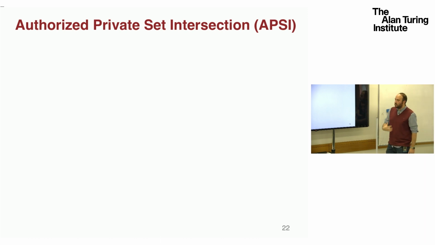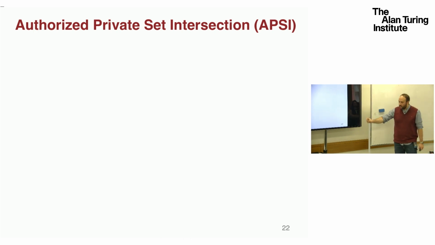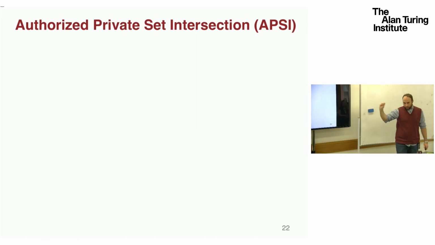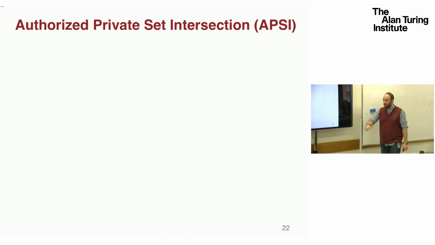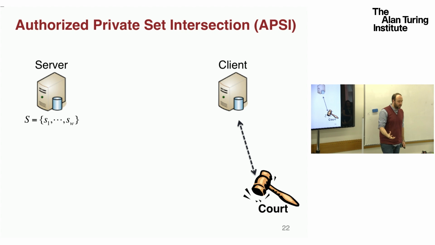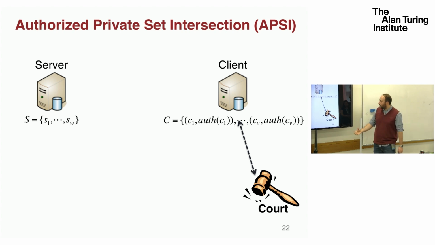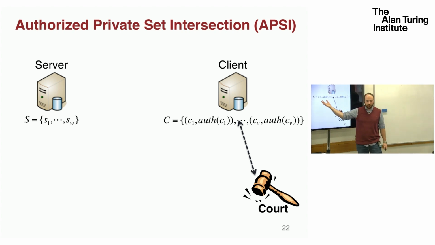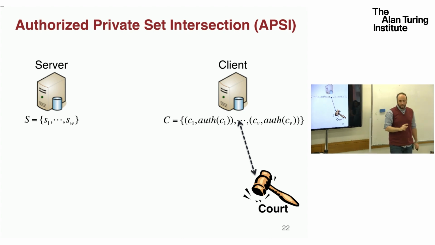So in that setting, it will make sense that before you can input someone as a suspect terrorist, you actually have a digital signature from, let's say, a FISA court or a judge that tells you, yes, you can input that. So now we can modify the PSI functionality, where instead of just having inputs, you have authorizations associated with each input.